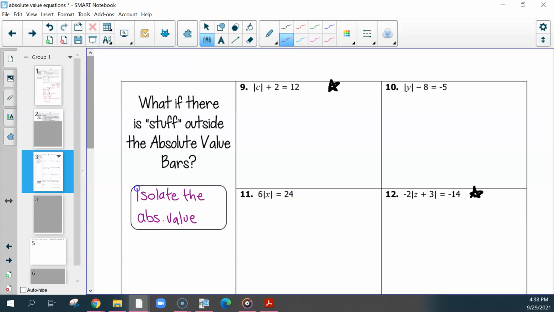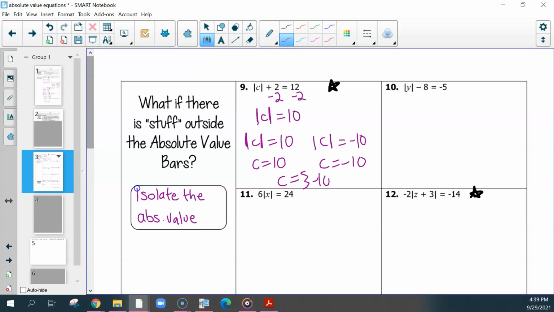So for number 9, to get the absolute value by itself, I would get rid of 2 by subtracting it to the other side. Now that the absolute value is by itself, I could continue on with what I was doing before, set the absolute value to both a positive and a negative of that number. There's nothing else left for me to do on the inside, so I can drop the absolute value signs. And my solution set would be negative 10, positive 10.